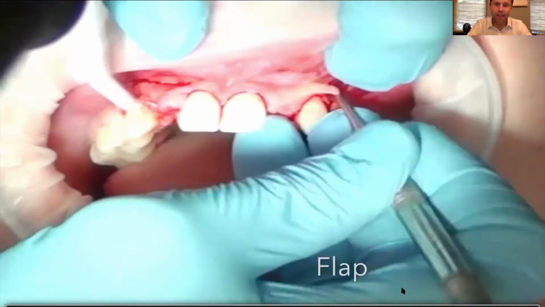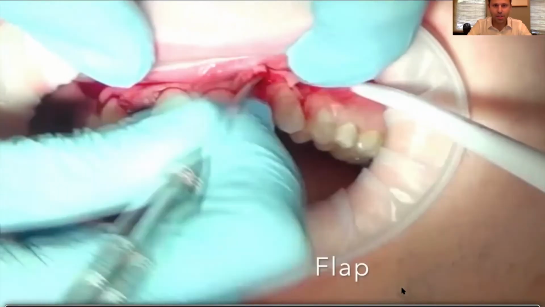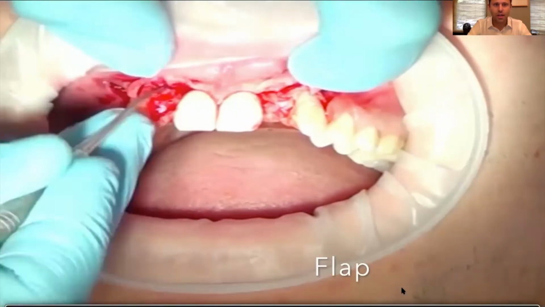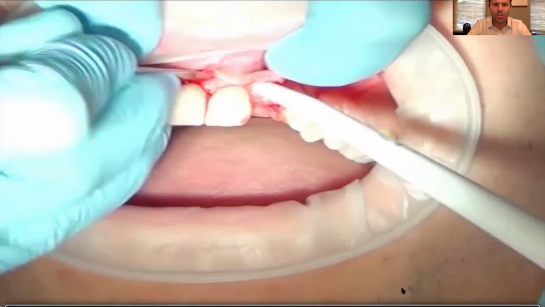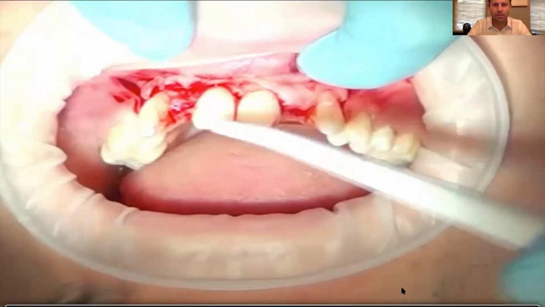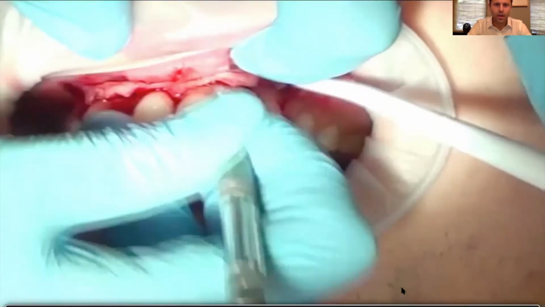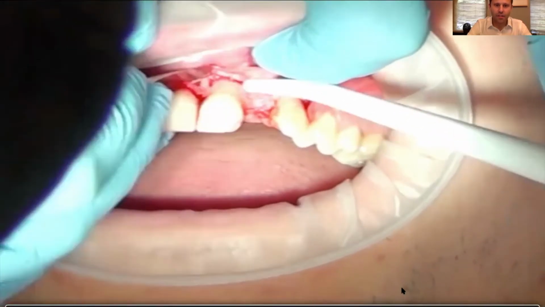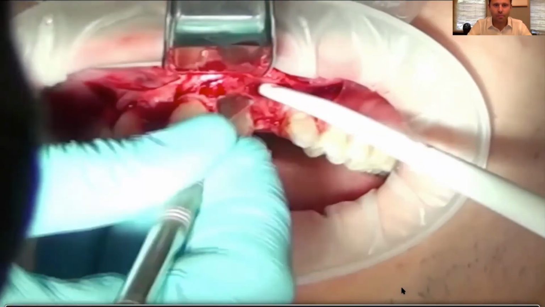Then when you do the flap, the key here, as my mentor Scott Gans mentioned to me when I talked to him about this case, is you have to make sure that you reflect the tissue all the way to the base of the bone, the nasal passageway bone. Because if you start placing the bone graft too incisally, you're not going to have a predictable result.